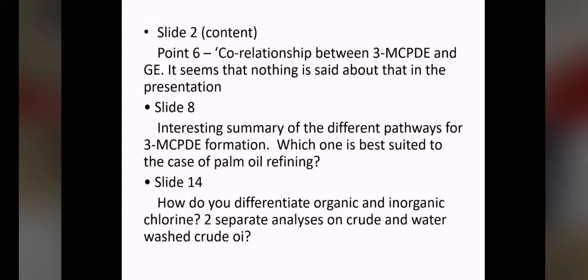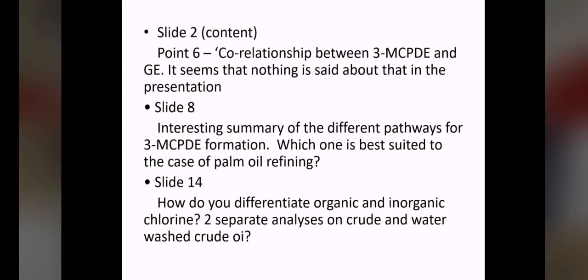Okay, this is on slide 2.6 and the correlation between 3-MCPDE and GE. It seems that nothing is said about that in the presentation. I'm not sure whose slides these are referring to, but I think you will pick it up. Slide 8, an interesting summary of different pathways. I think this is for Engineer Sham.